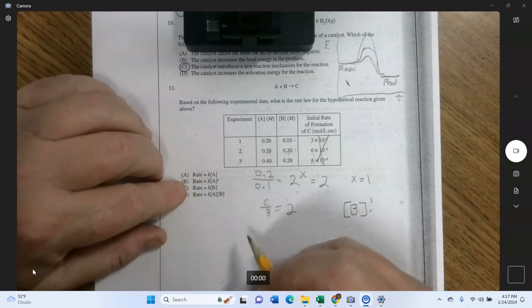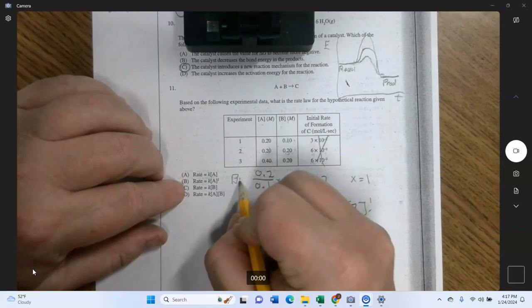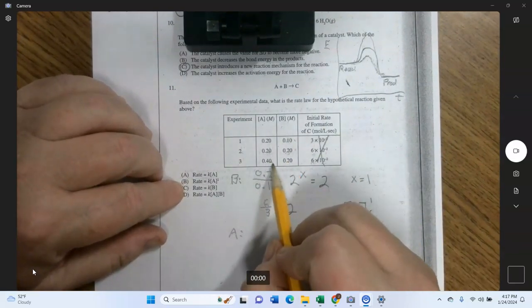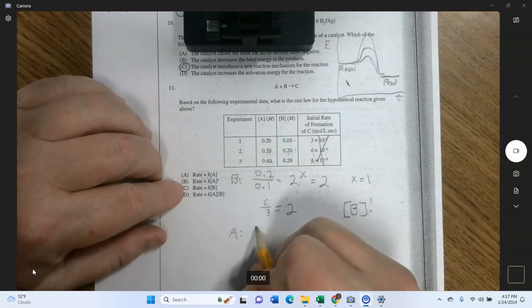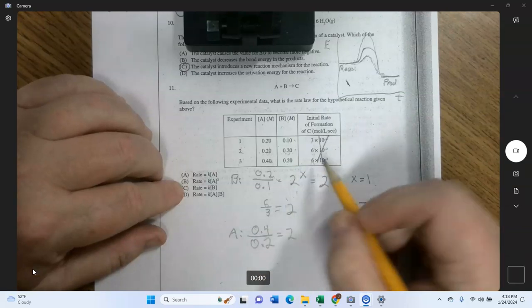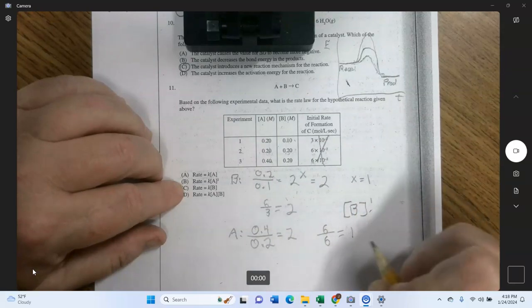So if we did it the way I just did that one above, so this one was for B. I did B first. In A, it would be 0.4 over 0.2. You want to put the bigger one on top. Equals 2. And the rate is 6 over 6, which equals 1.